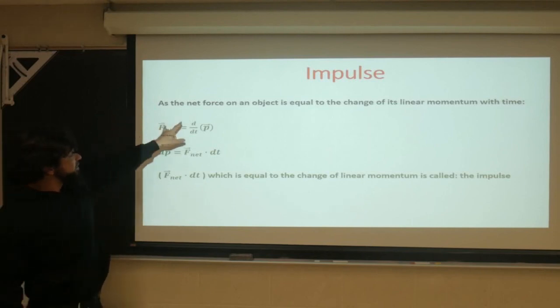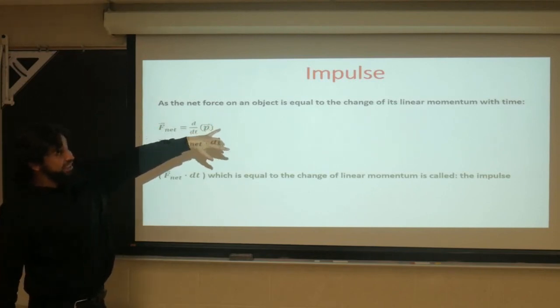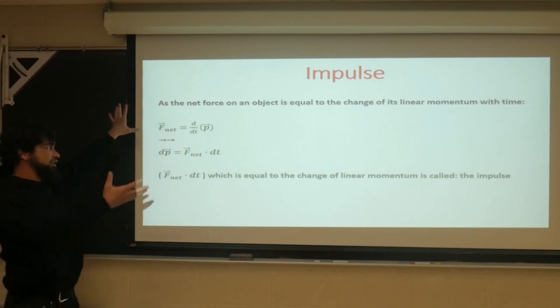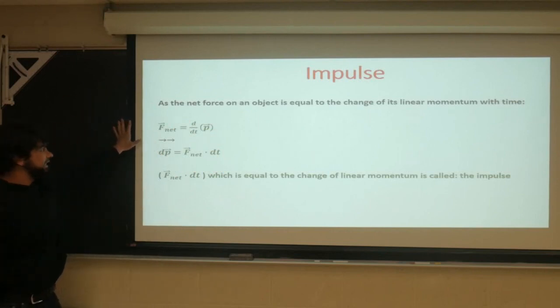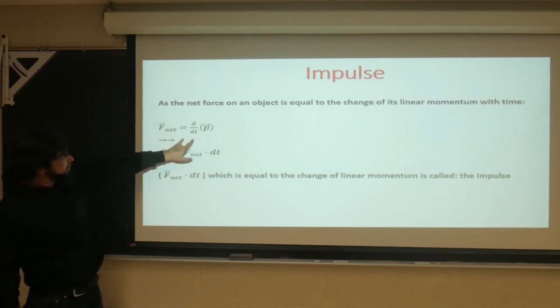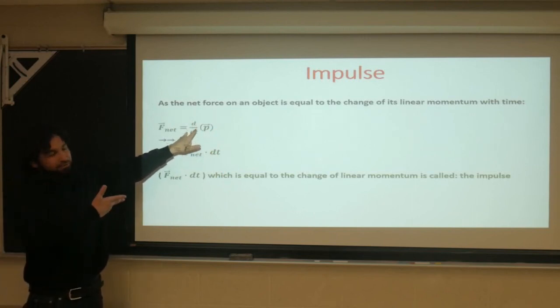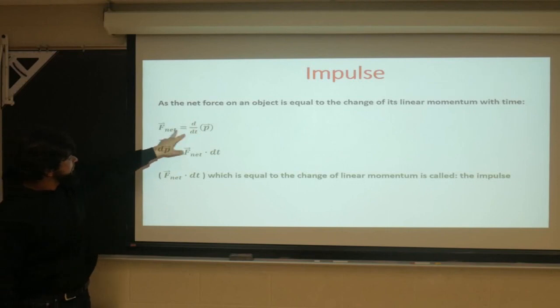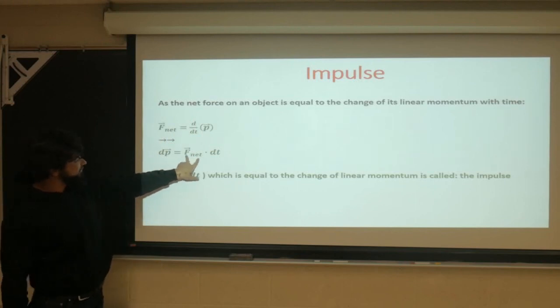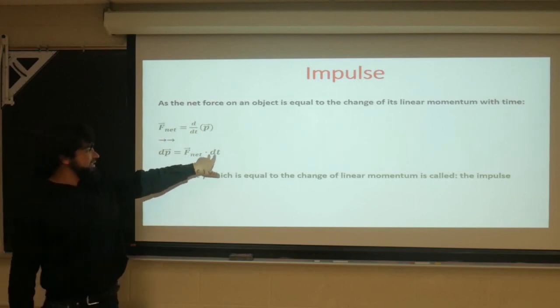The last thing we want to talk about today is the impulse. The net force on an object is equal to the change of its linear momentum with time, as I told you in the previous slides. The net force on the system is equal to the change of its momentum divided by the time. So I can multiply both sides by delta t, or dt, and say that the change in the momentum is equal to the net force on the system multiplied by dt.